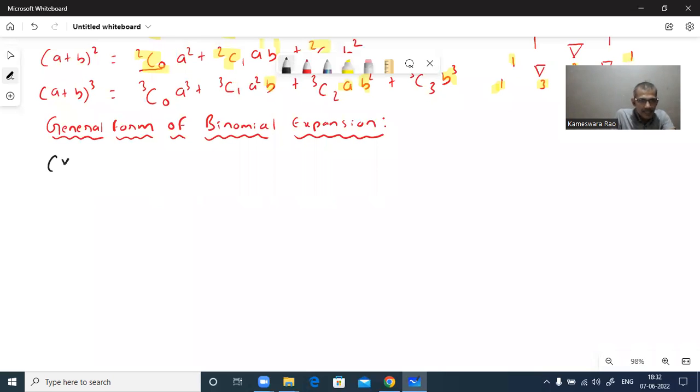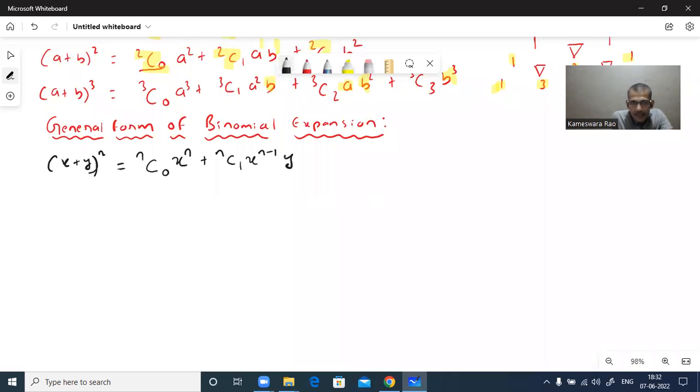So (x + y) whole power n I will take. According to this, the first coefficient will be nC0 and the first term will have x as the highest index, that is x power n. Next nC1 will be there. x will reduce its index by 1.